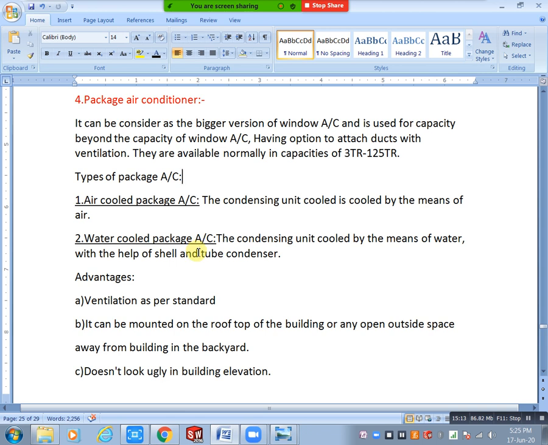Okay, this is the same as VCR type, but here we need an extra shell and tube. That is the secondary refrigerant, and here the primary refrigerant we are using for cooling of our air. At the same time here we need a secondary refrigerant. Okay, that is the difference. At the same time we will discuss some important points also in the chilled water system, then you will understand this topic.